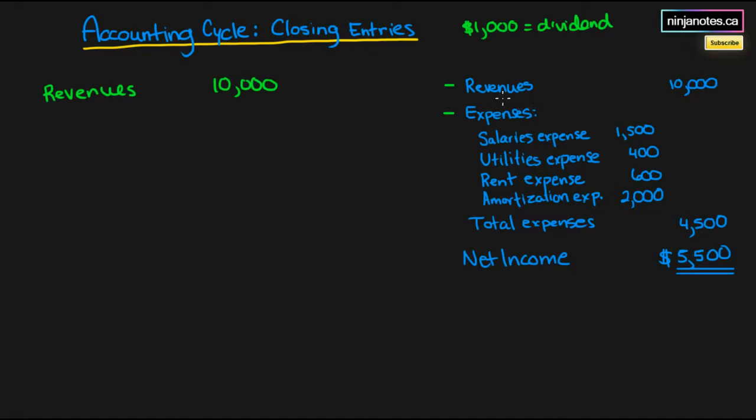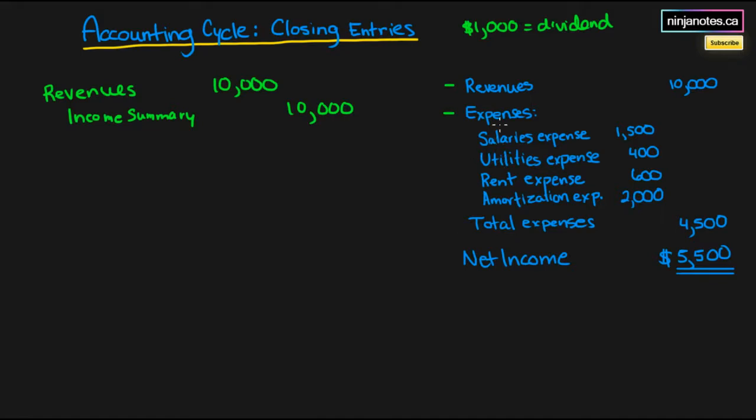Well, revenues have nothing to do with expenses, but revenues actually contribute to net income. So we're going to transfer the balance in revenues to net income, or our account which is called income summary. So income summary is net income. We're just transferring the revenues to income summary or net income for just the meantime.